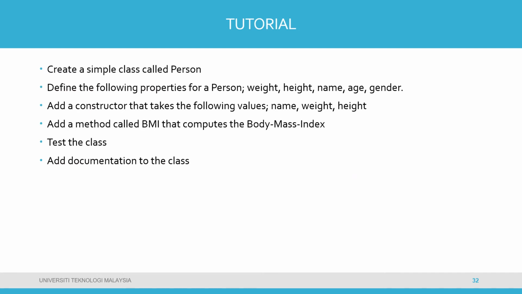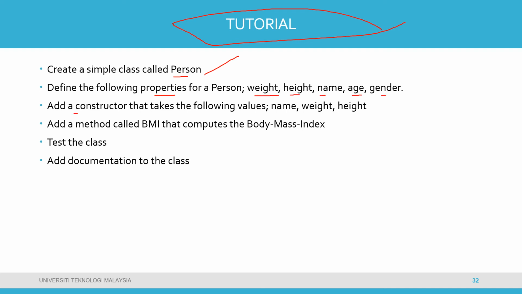So let us look at some practice. You can try to do the practice here. I give you 10 to 15 minutes to try this tutorial. Basically you have to create a class called person, and the properties of the person are weight, height, name, age, gender.